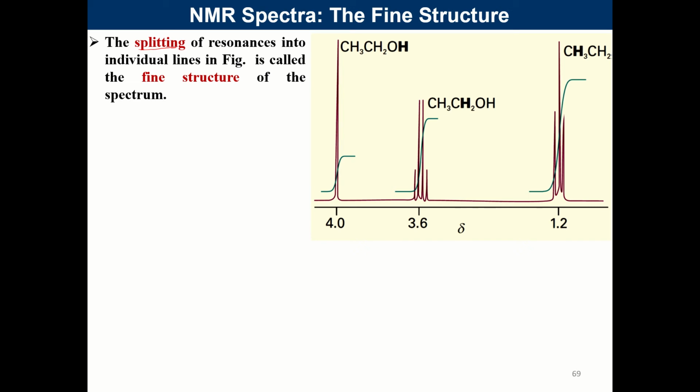So you clearly saw earlier that the CH3 protons show a triplet, and the CH2, the methylene protons, show a quartet, four lines. It is split into four lines.